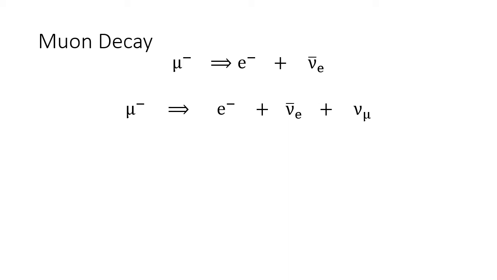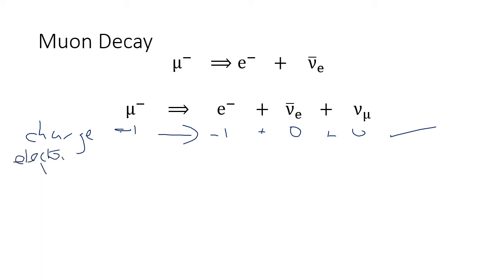So first of all, we've got to do charge. -1 goes to -1 plus 0 plus 0. Charge is good. Let's do lepton number.